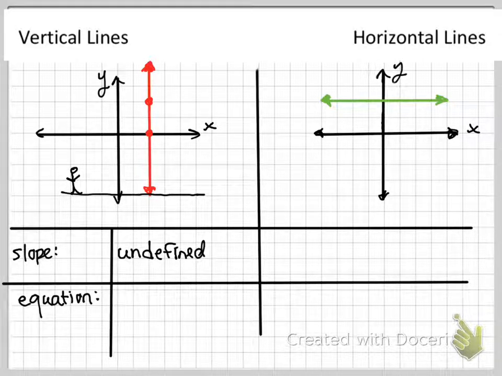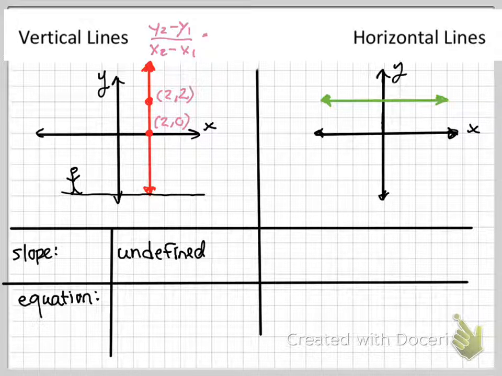So let's say I have the point (2, 0), and then I have the point (2, 2). So the slope equation tells me to do this. Oops, sorry, not x, y. y2 minus y1 over x2 minus x1.